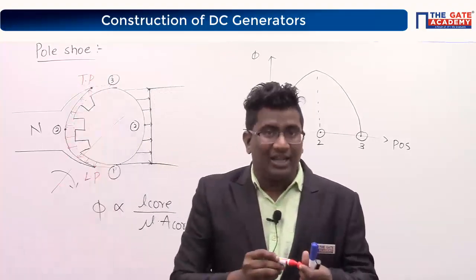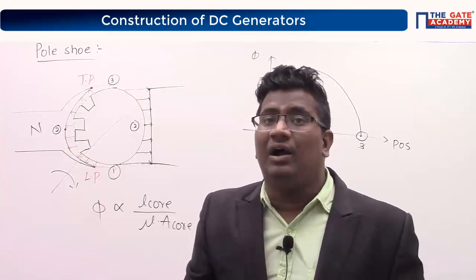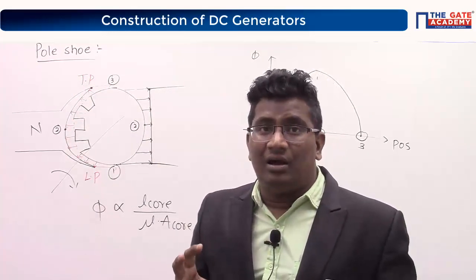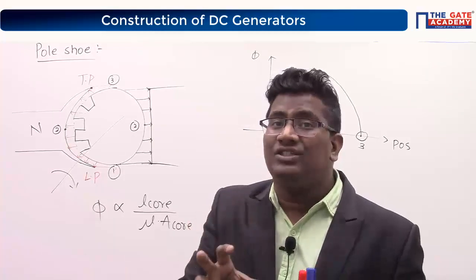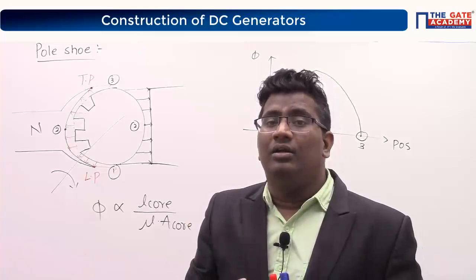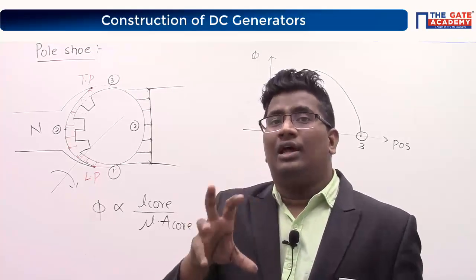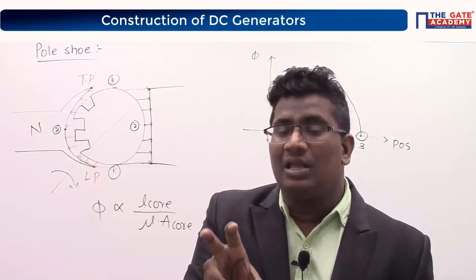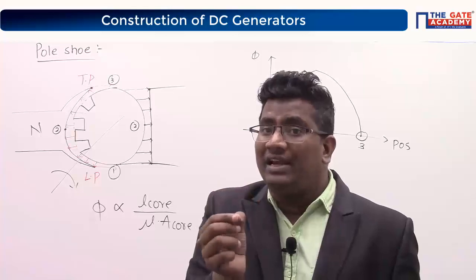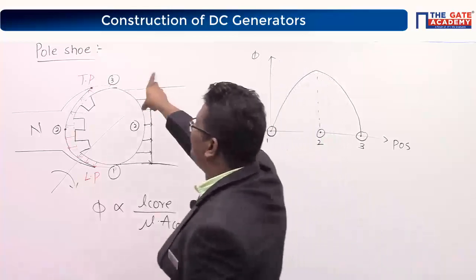Again I am repeating, the point where the rotor is entering into the pole region is called what? Leading pole tip. Which is leading is called trailing.